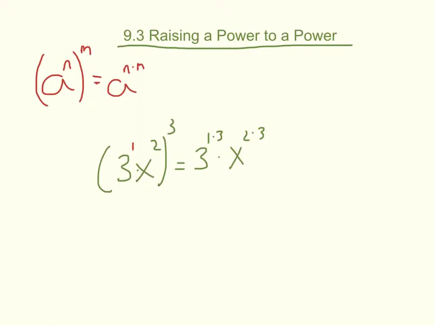Okay, simplify it. 3 to the third and x to the 6th. Alright? Now if you got that far, great. Probably should go one step further. I can simplify the number with the exponent. 3 to the third is what, 27? 3 times 3 is 9, times 3 is 27. And x to the 6th can't be reduced anymore. There we go.